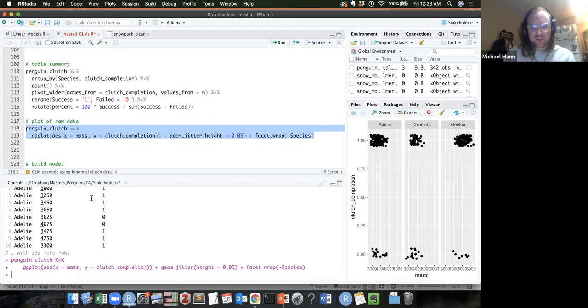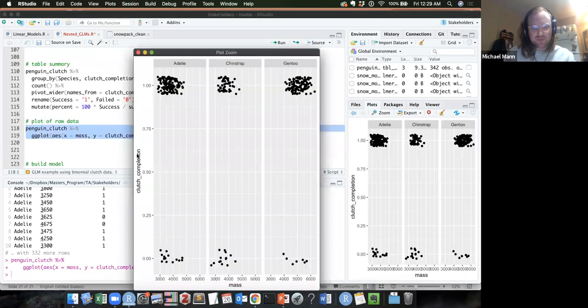Let's see what this looks like. You can see it doesn't look like there's much of a pattern. If it was a really strong logistic regression, you'd see a sigmoidal kind of shape. It doesn't really look like that's the case.